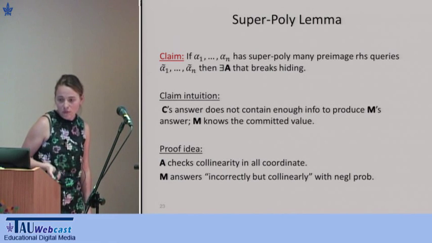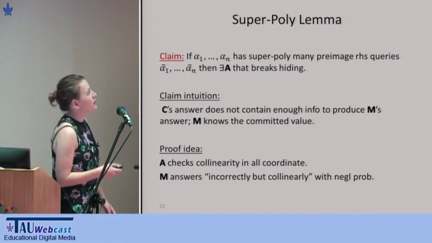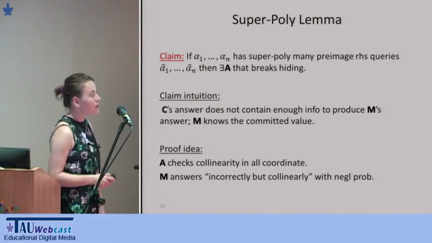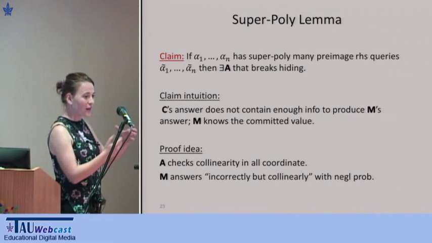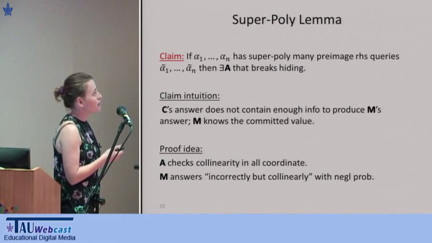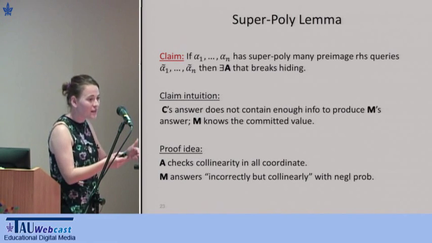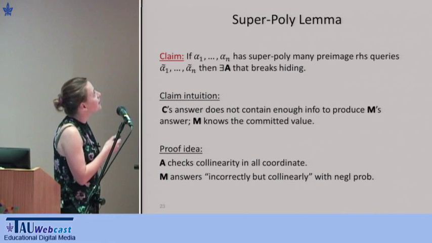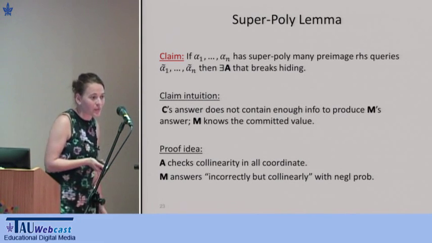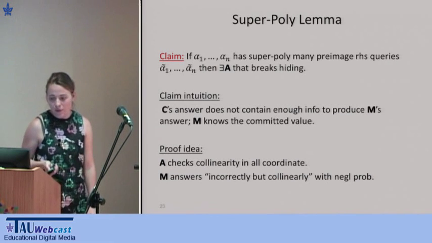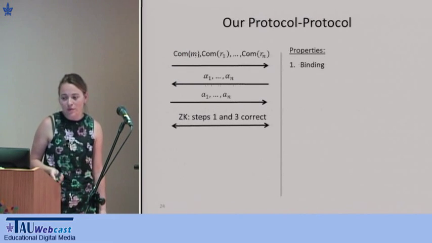So also, if somebody wants to use similar ideas to ours, this lemma needs to be proven. You need to divide your domain into these cases and make a reduction from these cases to show that this is the case. And this is not always true, depending on your scheme.